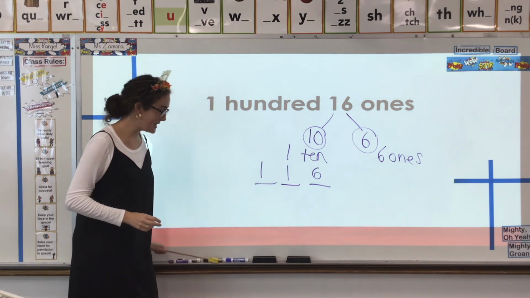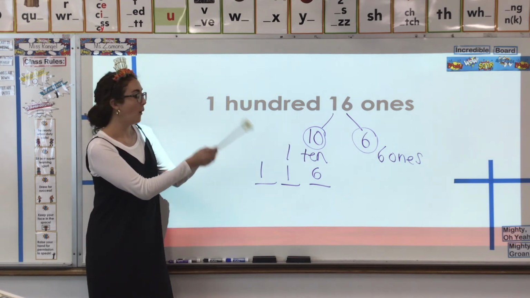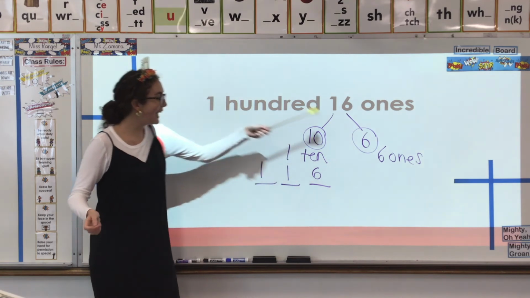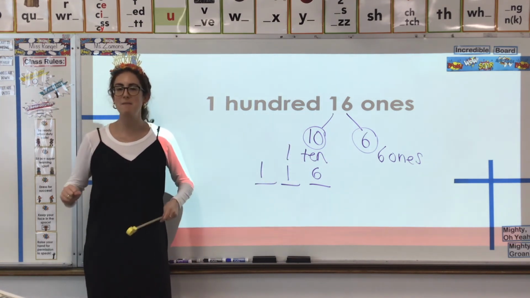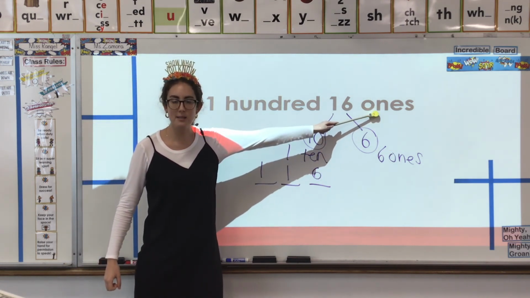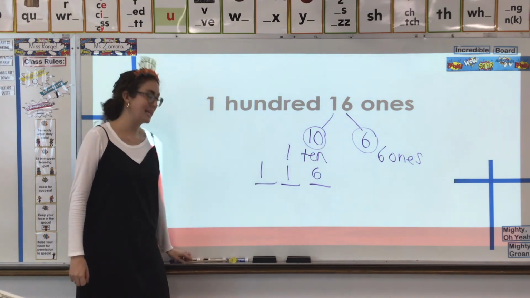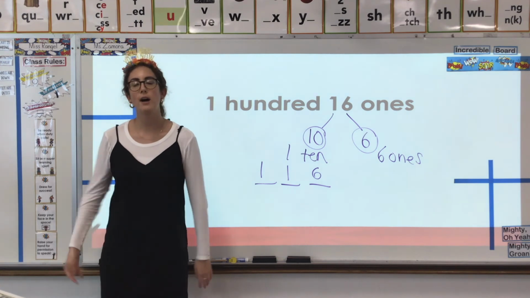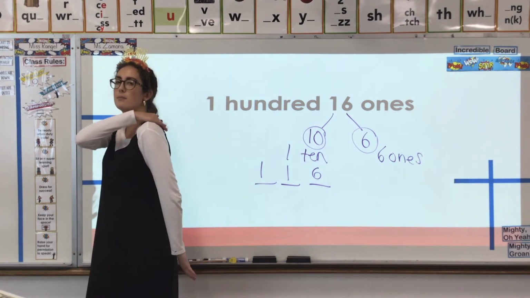That is a total amount of 116. 116 is this big total value we've been working with. 116 ones is the same as 116. Woo! Give yourself a pat on the back for working so hard on those awesome brain puzzles.